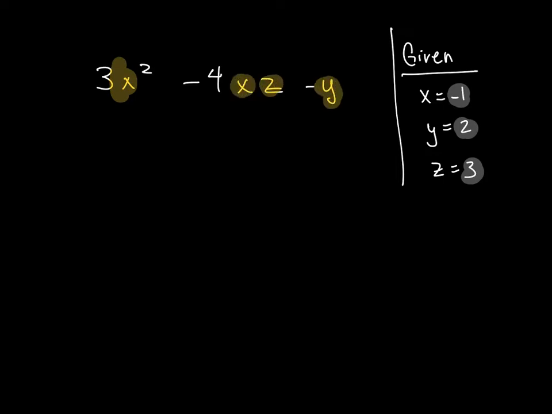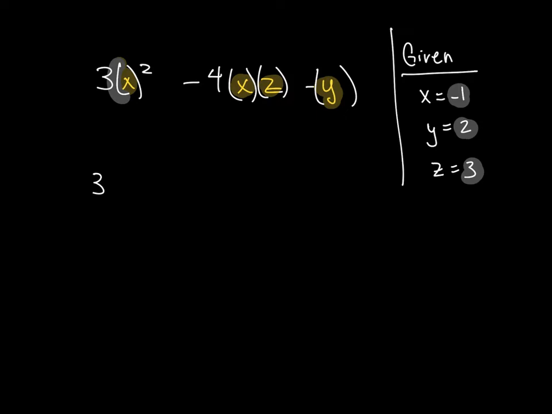And because this gets a little complicated, what you really need to do is always think about putting in parentheses wherever you see those variables, and that's what you put inside the parenthesis. You put the negative 1 inside the parenthesis, the 2 and the 3 inside the parenthesis. And that's really important because we need to know how to deal with these negative signs, and knowing that they're inside the parenthesis really makes a difference.